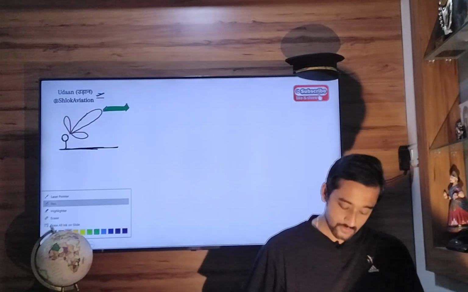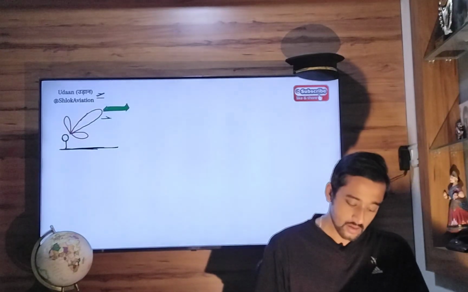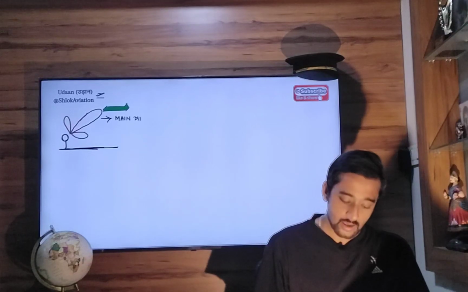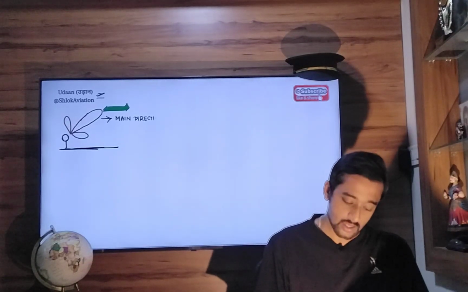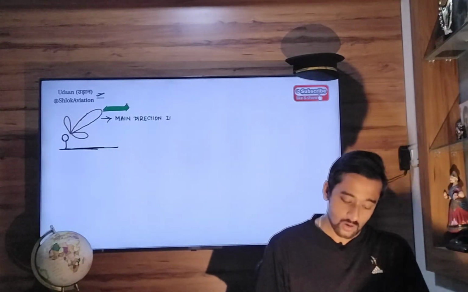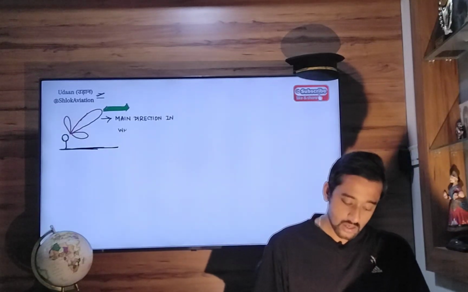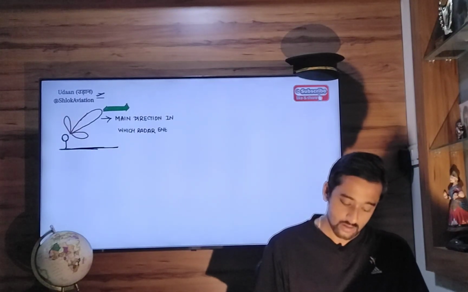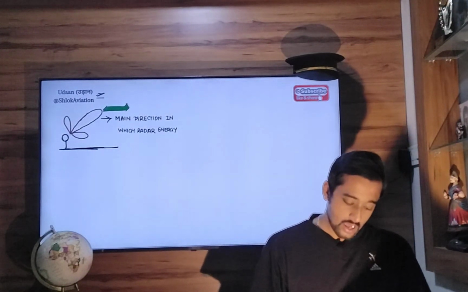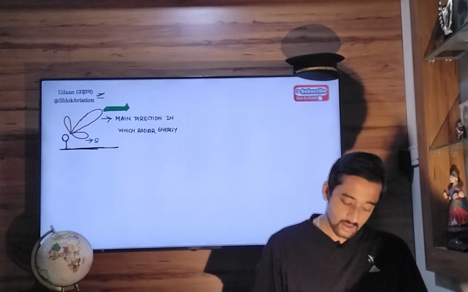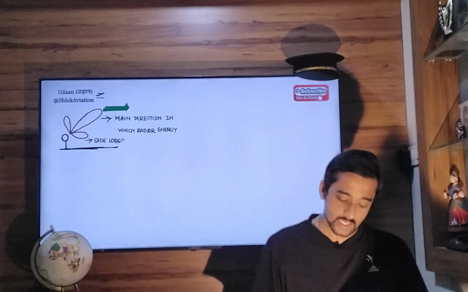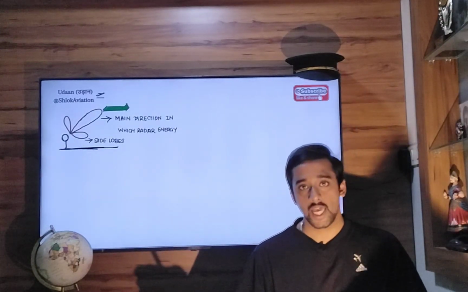This is the main direction in which radar energy is getting directed, and these are the side lobes. Side lobes dissipate or waste radar transmission energy.